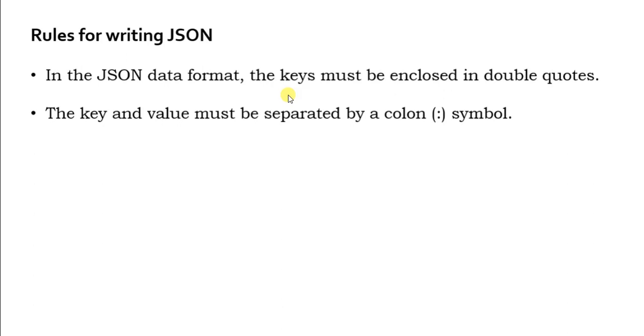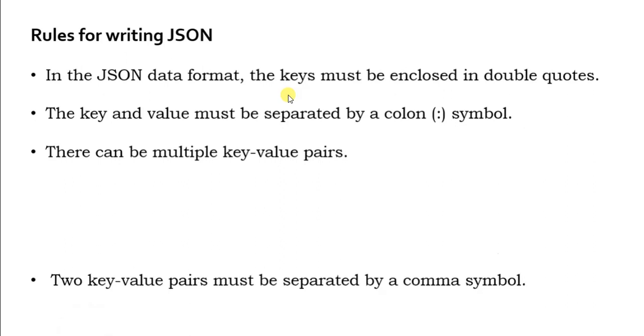If you noticed in the previous slide, you might have seen a key, after that there will be a colon, and then we write the value of it. There can be multiple key value pairs.